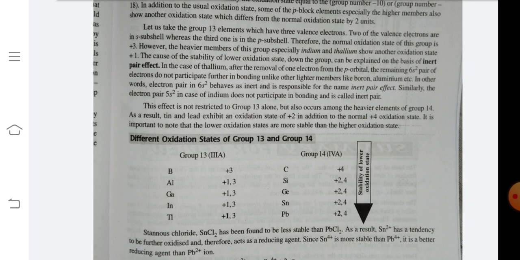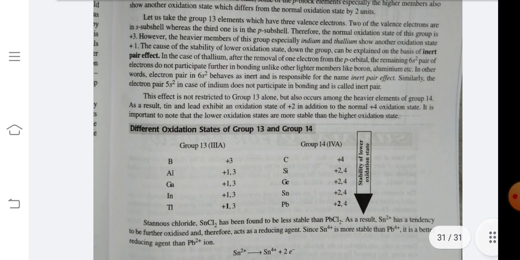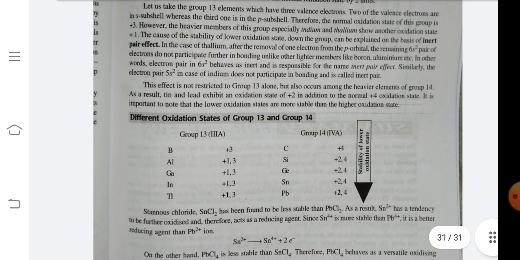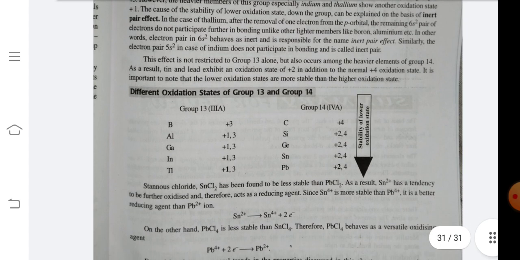In the case of thallium, after the removal of one electron from the p orbital, the remaining 6s2 pair of electrons does not participate further in bonding, unlike other lighter members like boron, aluminium, etc. In other words, the electron pair in 6s2 behaves as inert, hence the name inert pair effect. Similarly, the electron pair 5s2 in the case of indium does not participate in bonding and is called the inert pair.